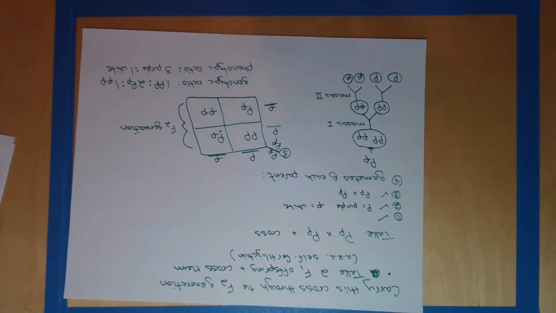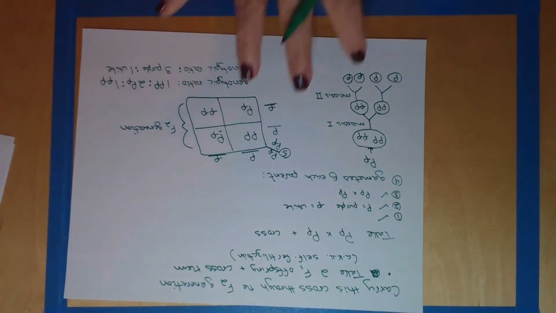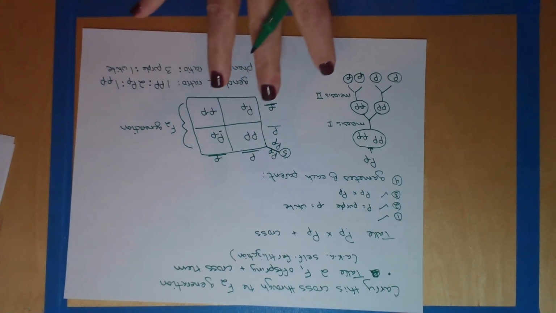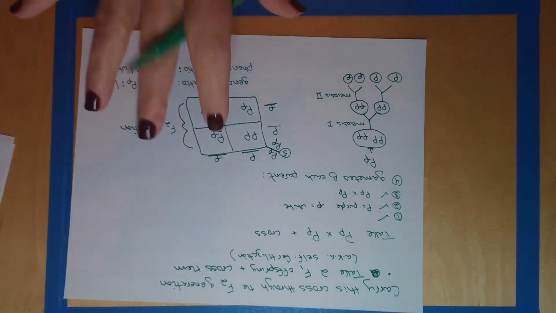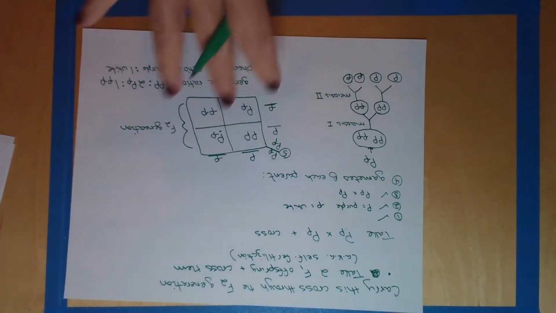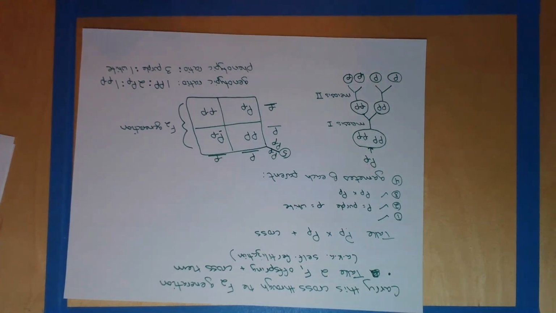Only way you're going to get white is if you cross two white plants. But this at least kind of proved to Mendel that the blending theory was just wrong. We don't have a blend in pea plants. This led him to the conclusion of one of his laws that we'll start talking about in our next lecture.